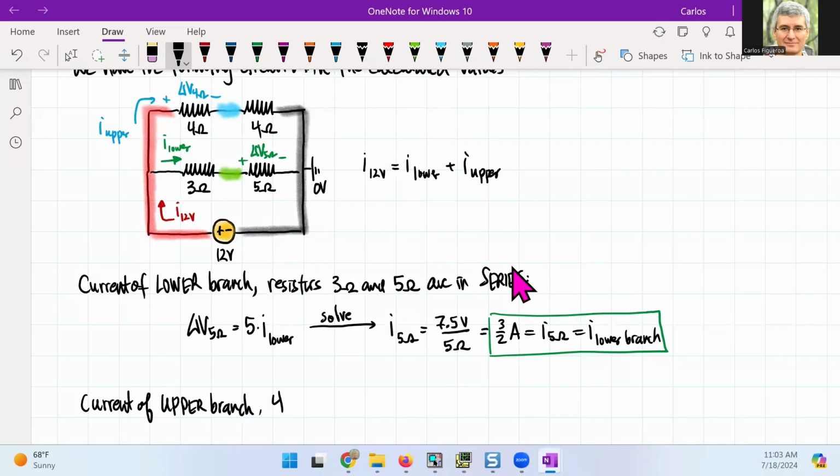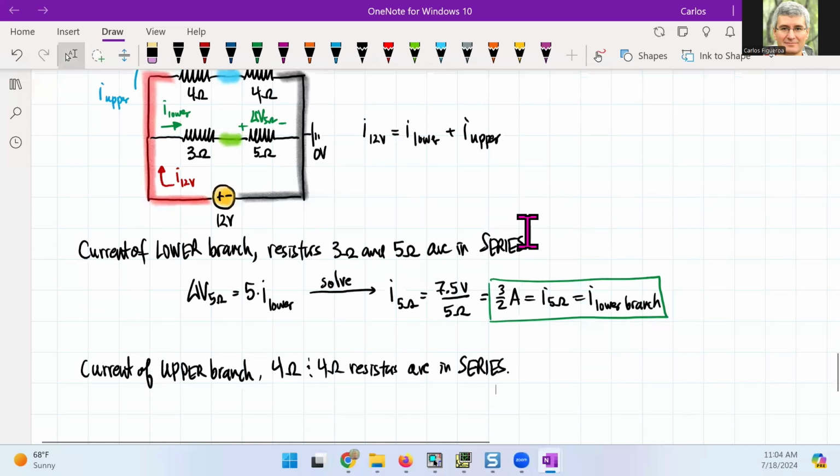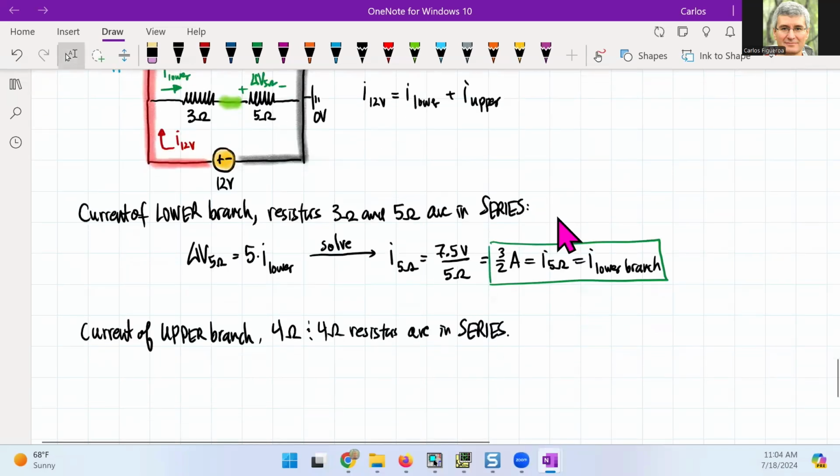That should be a 4. The 4 ohm and 4 ohm resistors are in series, so they're going to have the same current.